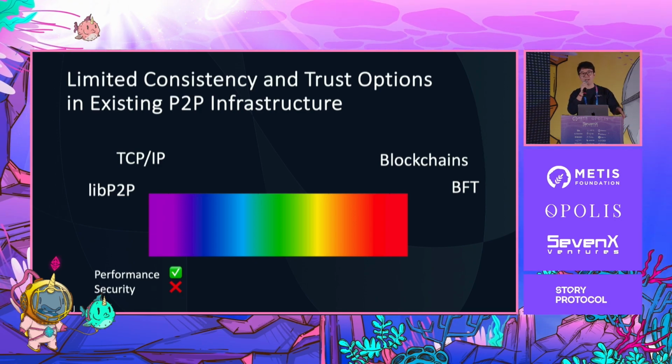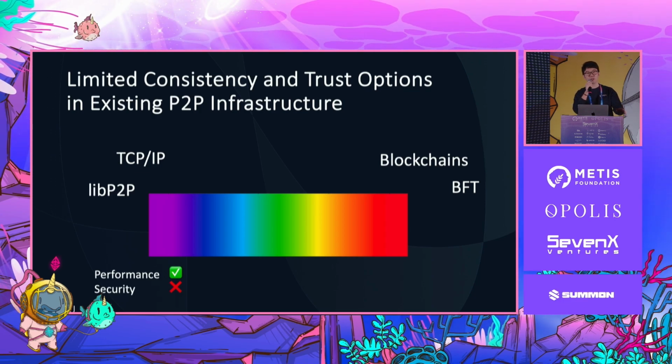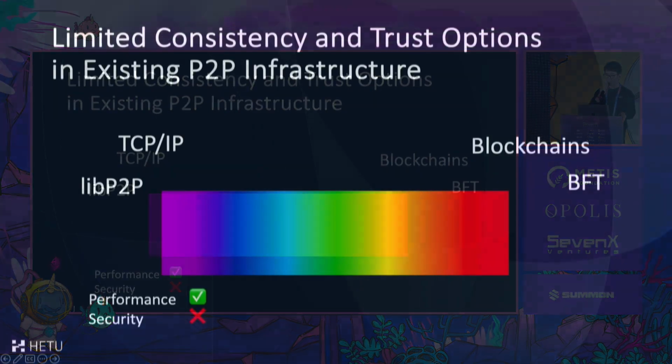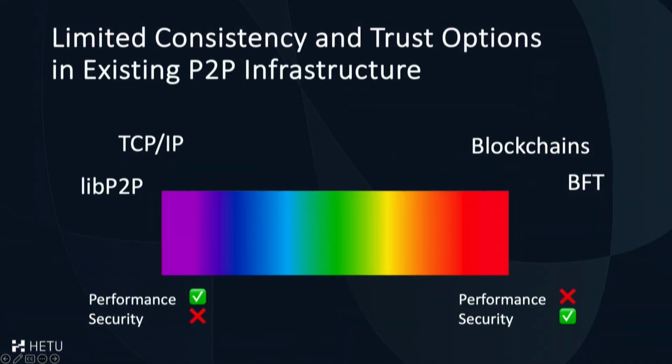You have a totally ordered set of blocks, everybody agrees on the order, so there's global consensus. Security-wise, it's really good, very strong consistency, but the problem is it's very slow. It doesn't really scale. So for many applications, it's probably not ideal to use this infrastructure either.